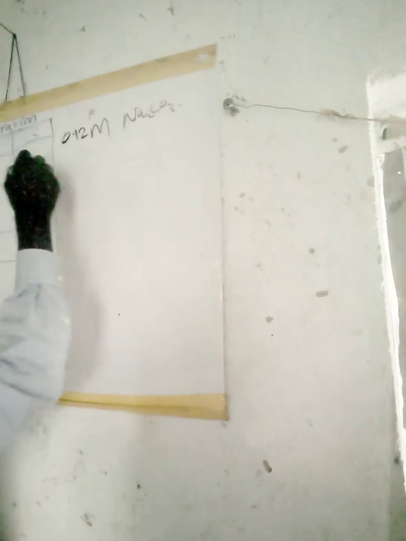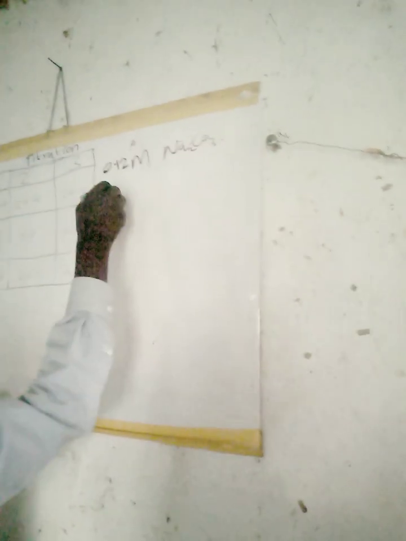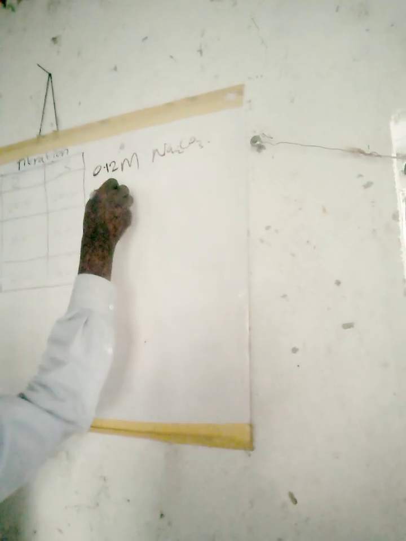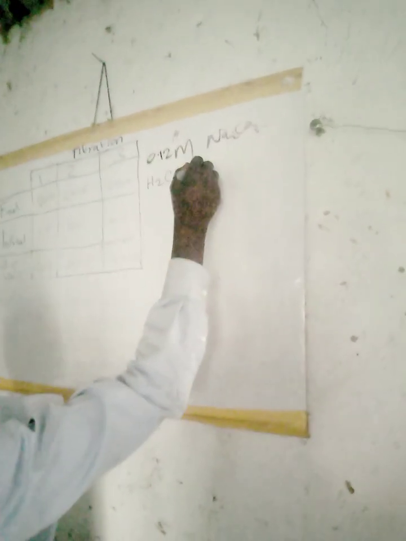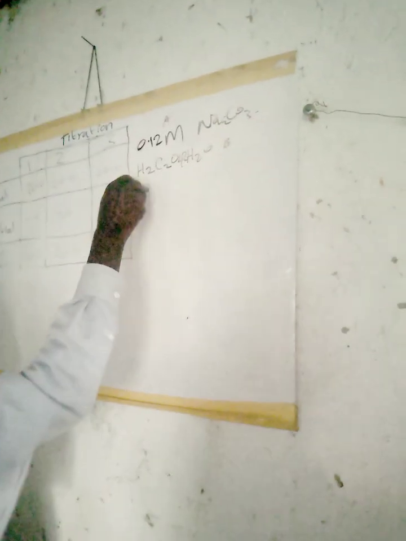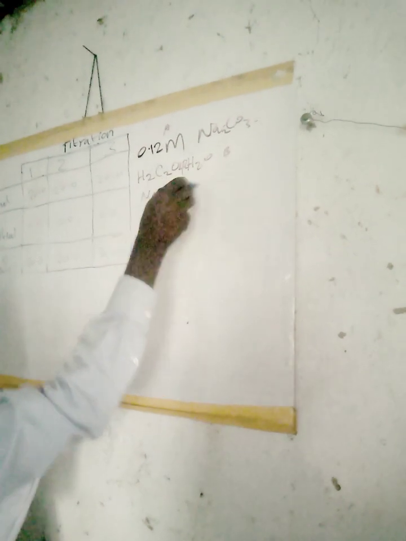That is now solution A. Then you have also been provided with oxalic acid. This one is a weak acid with 2 moles of water. That is solution B. I have also been given sodium hydroxide, which is solution C, and also methyl orange indicator.